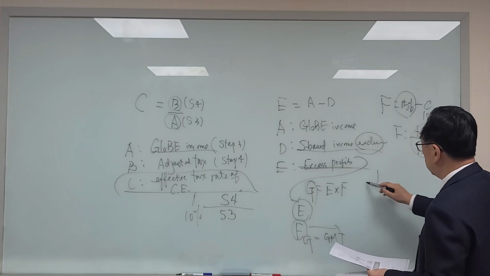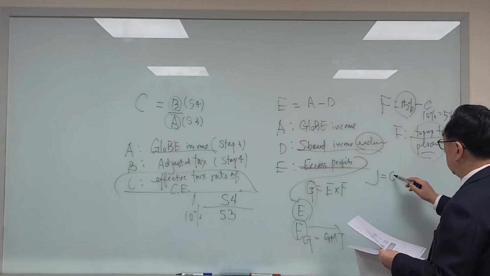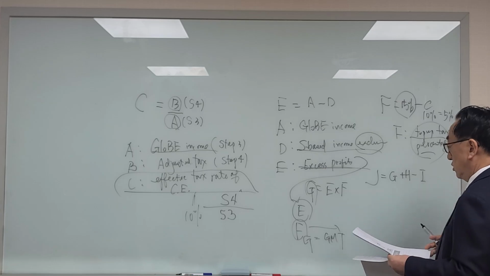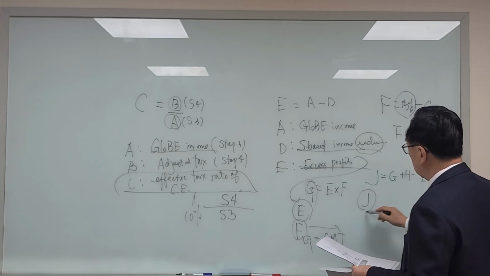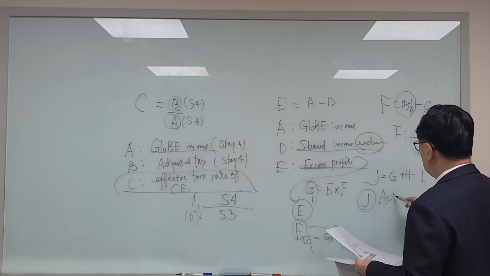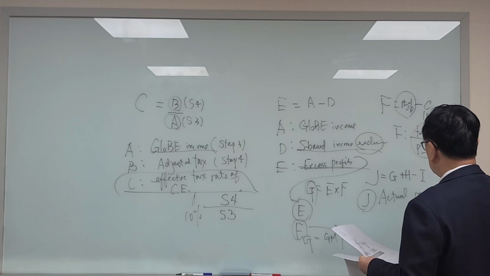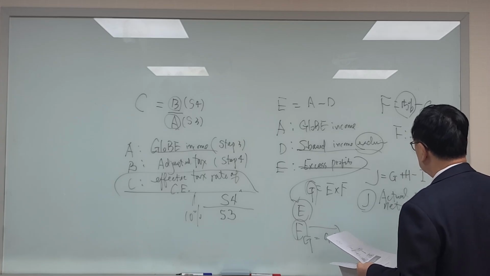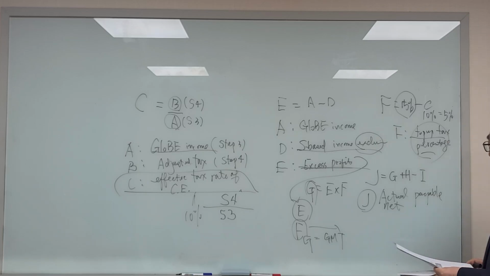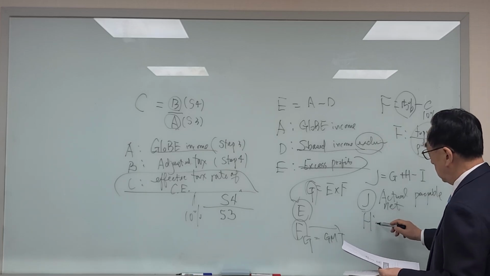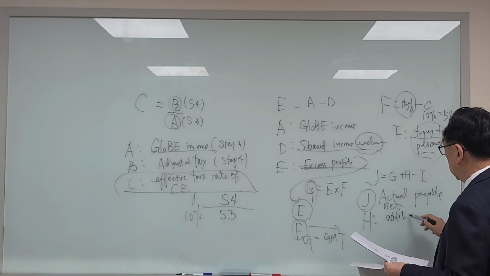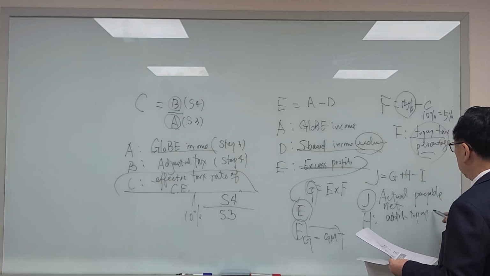And finally, J equals G plus H minus I. J means the actual payable or net payable. H equals additional top-up tax, if any.